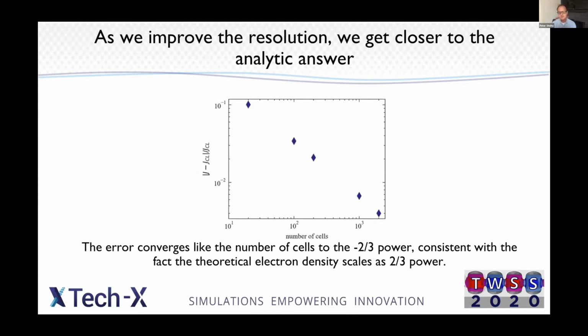That makes sense because you can go look at the publication, but it turns out that's how the electron density scales, as the 2/3 power of the position across the gap. So that made good sense, and it means that as you increase your resolution, you actually do get a more accurate answer. So that's good. That was a good check, and we were happy with that.